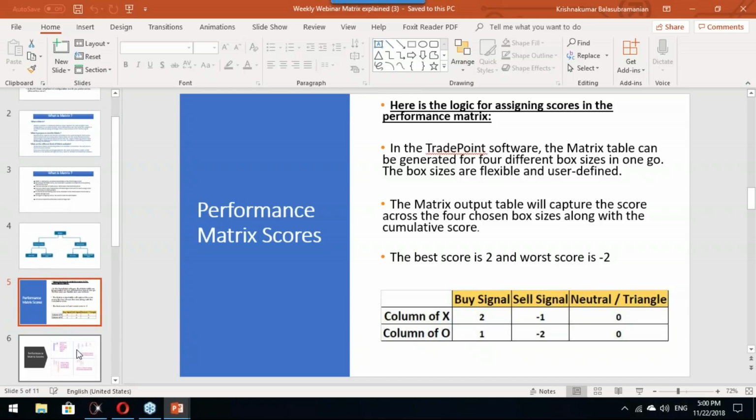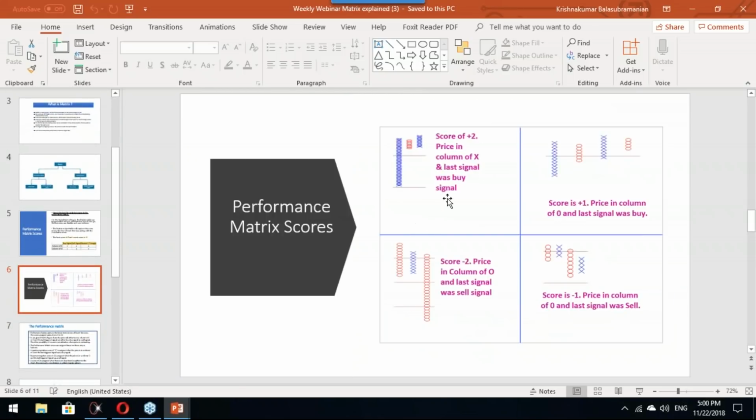So hope you guys recall it. And this of course is a diagrammatic representation of the scores. So a buy signal has been triggered, price is in a column of X, you get a maximum score of 2. Similarly, buy signal triggered but price is in a column of O. In that case, a score of 1 is given, and sell and column of O is -2, and sell and column of X will be -1.